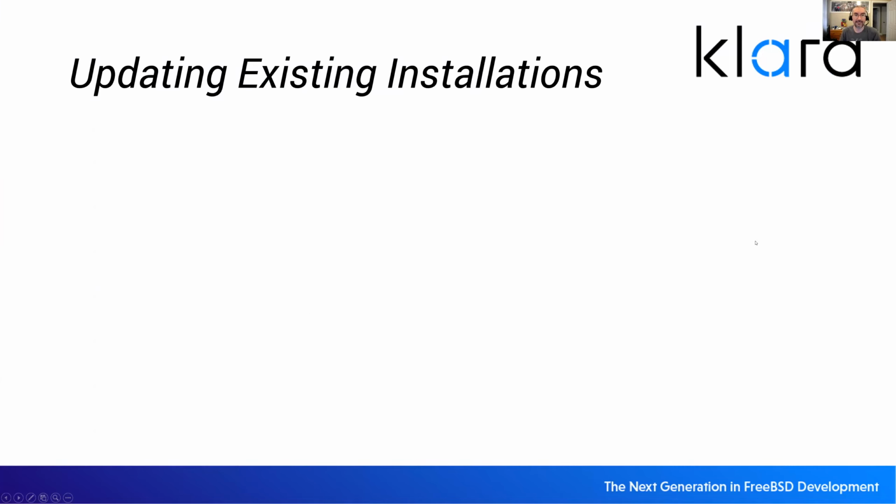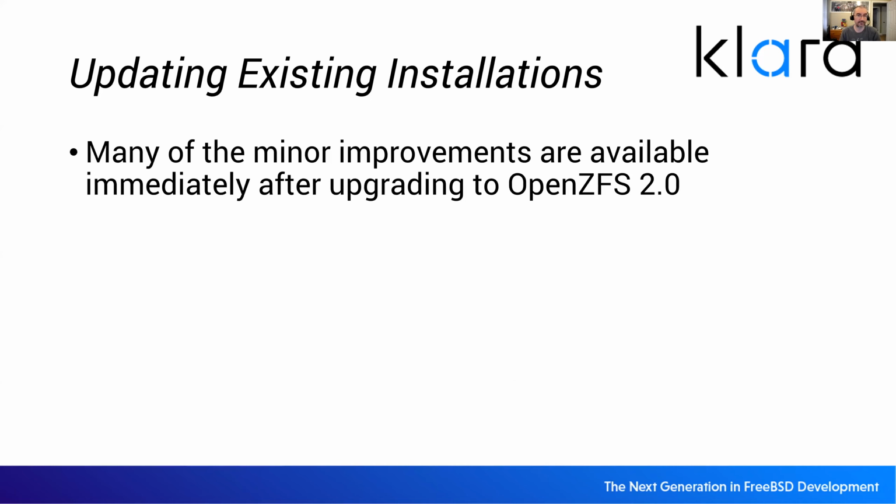So now we can talk a bit about upgrading any existing installations. So you already have ZFS running somewhere, but you're using an older version of FreeBSD or Linux or something else, and you want to get up to OpenZFS 2.0. So many of the minor improvements are available simply by upgrading the version of ZFS.